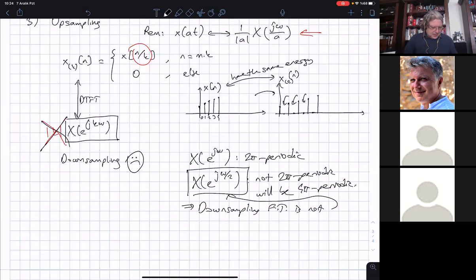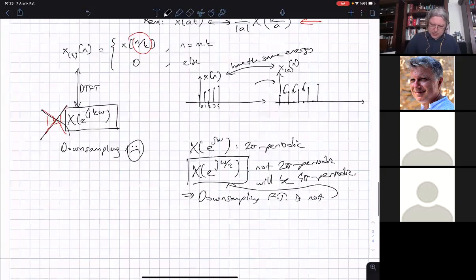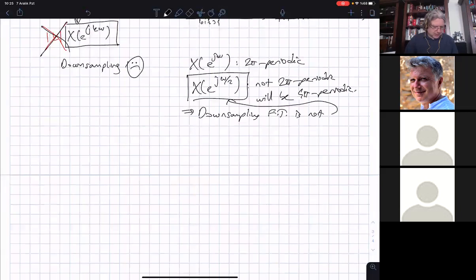All right, this was upsampling and downsampling. Do we have anything else? Yeah, we may think of convolution and multiplication.